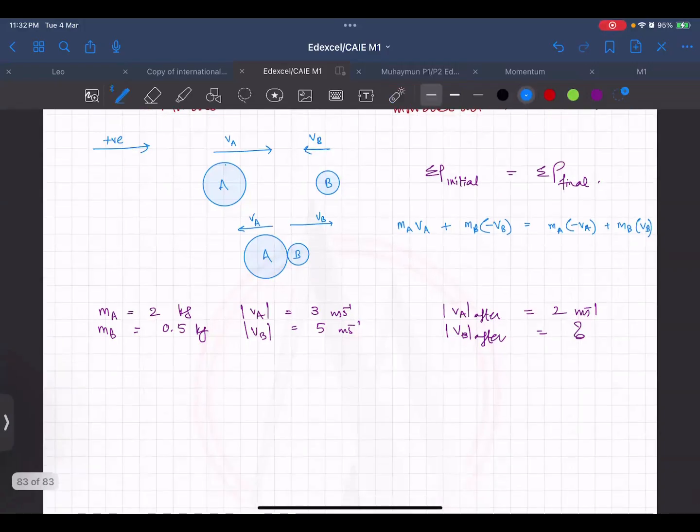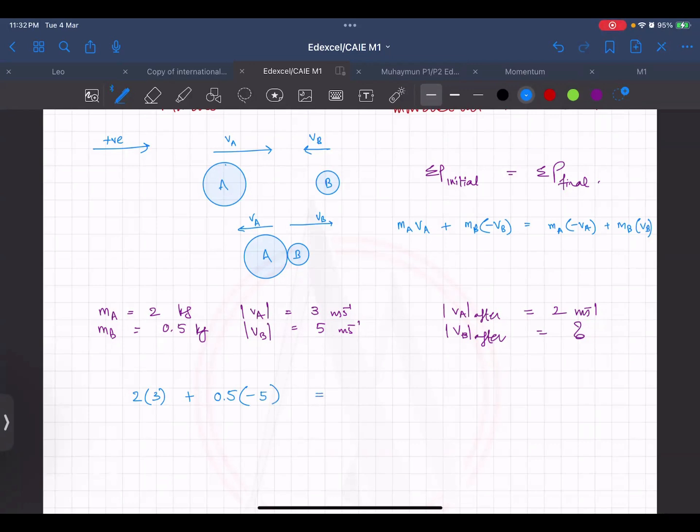If we input the values now, mass of A is 2 and velocity of A is in the positive direction, which is 3. This is the momentum of A. Plus mass of B, which is 0.5, and the velocity is -5 because it is on the left side.